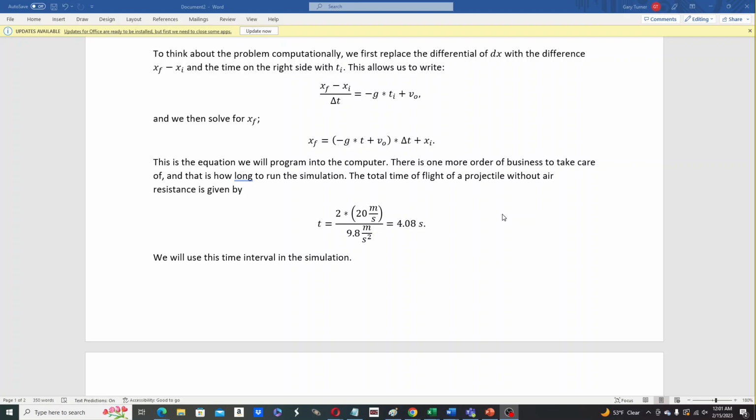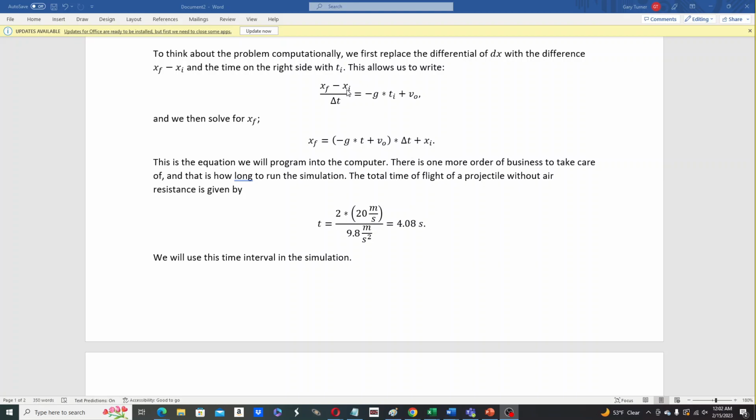What we do is replace our dx with the difference between some final point xf and some initial point xi. These are going to be two successive points, and I'm going to move the dt in the denominator to a delta t.